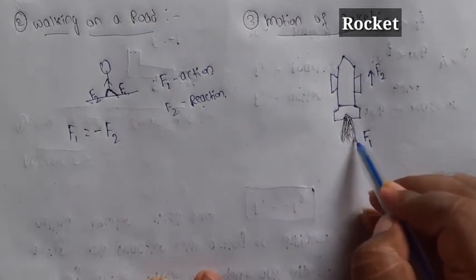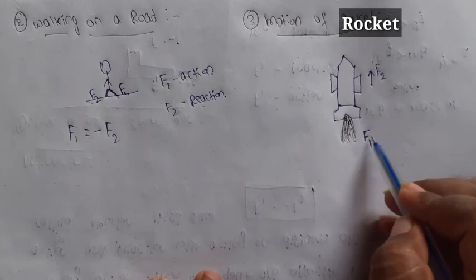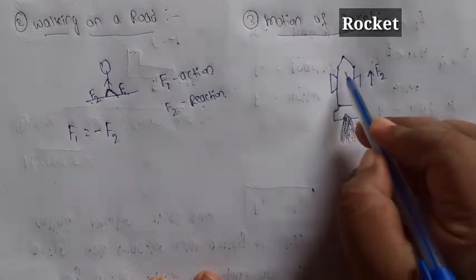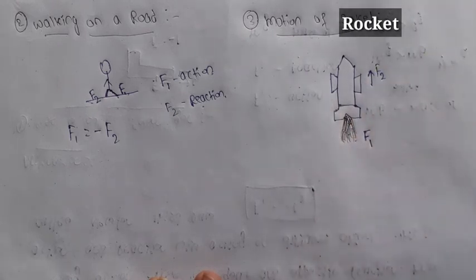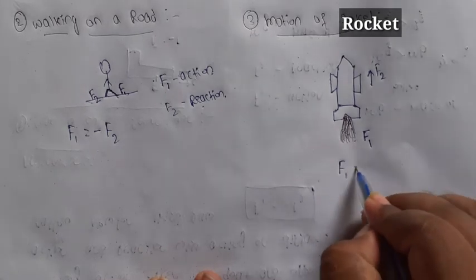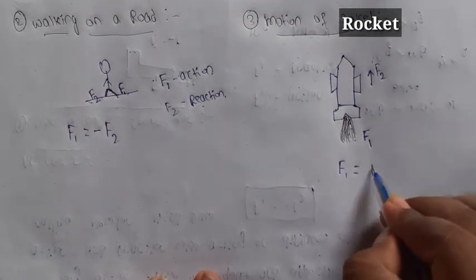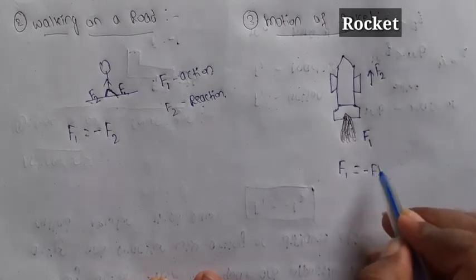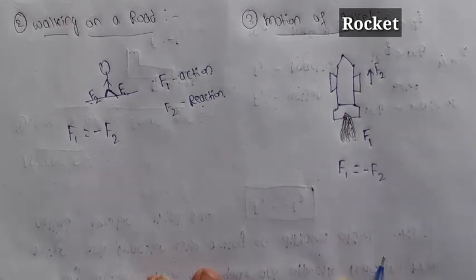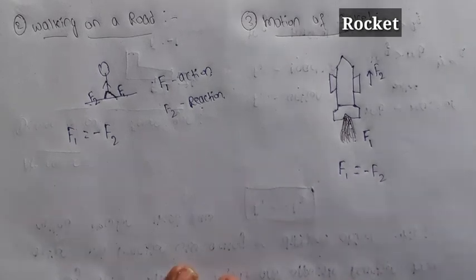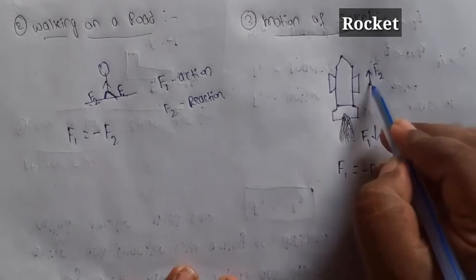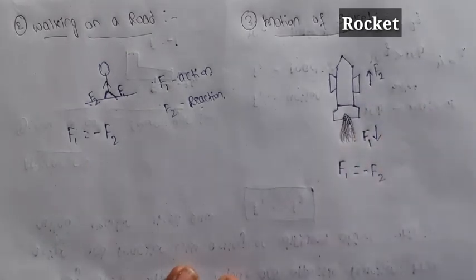So when you increase the force F1, if you are releasing more exhaust gases, the rocket will move with more force. So F1 equal to F2, both magnitudes are equal, but they are acting in opposite directions. Here the force is acting in the downward direction, and the motion of the rocket is in the upward direction.